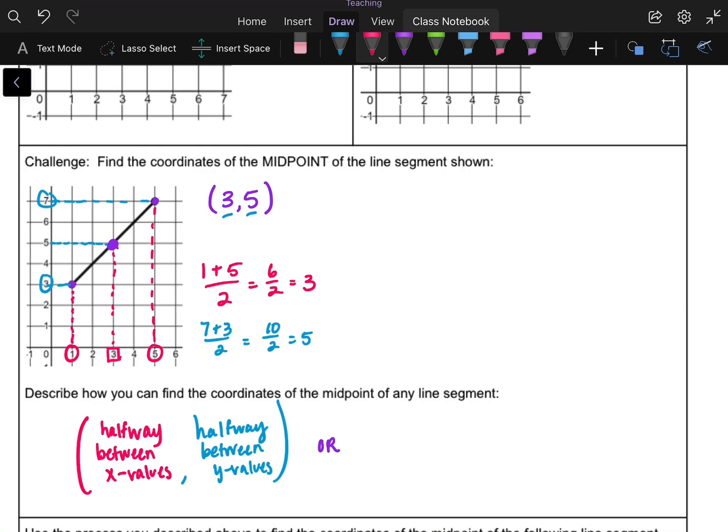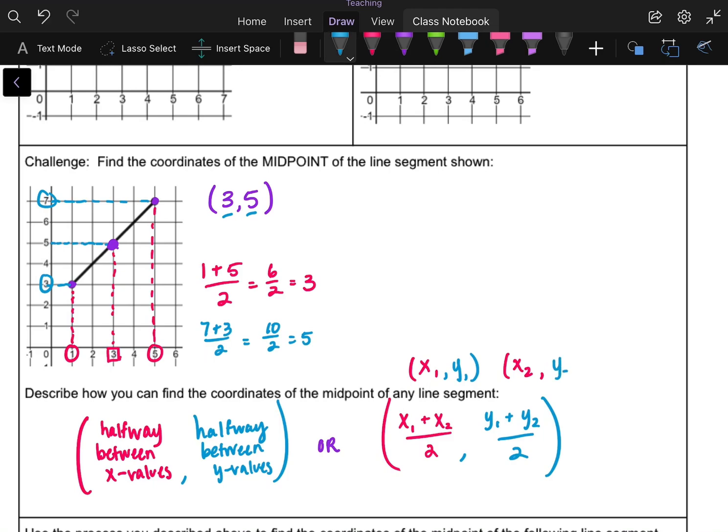So that was our first x value plus your second x value divided by 2. And then our y is our y1 plus y2 divided by 2. So this happens when you have 2 different points. So you have x1, comma y1, and then x2, comma y2. So those are 2 different ways we can think about finding the midpoint.